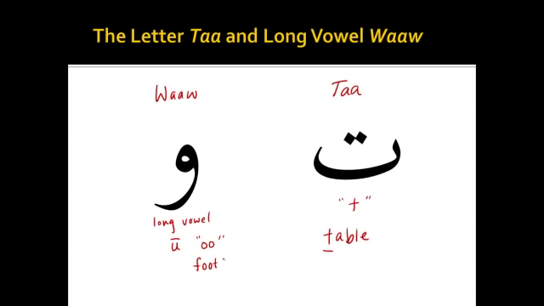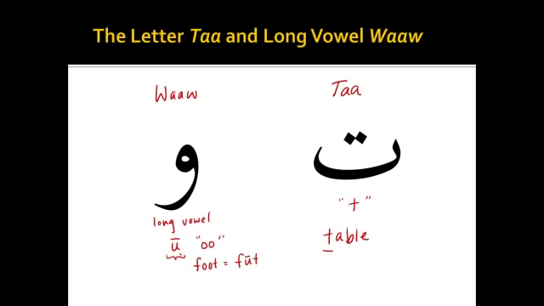Now, if we were going to pronounce this with the wow, we would pronounce it foot, which doesn't sound like foot. So you can see the wow is a different type of vowel than the OO or the U. So that's why we are going to write it here with a U with the line on top of it.